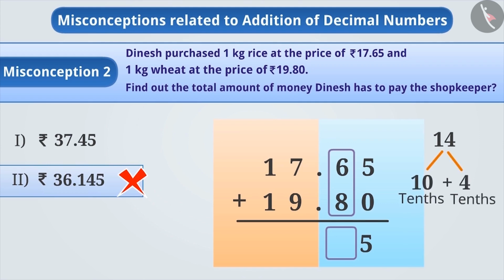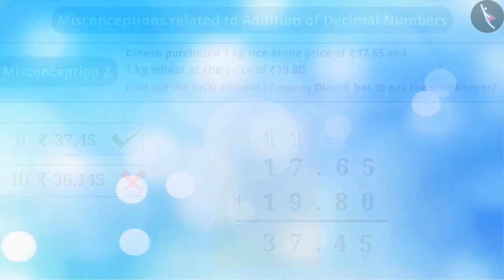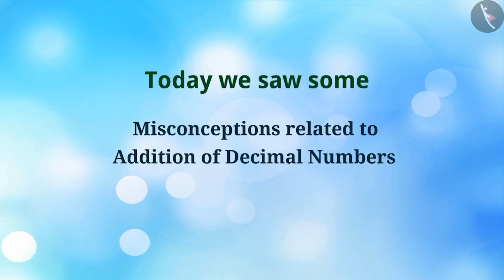Since 10 tens is equal to one whole or one unit, we will add 1 in the units place and the remaining 4 will be written in the tens place. Solving it this way, we get the result as rupees 37 and 45 paise. So today, we have seen some misconceptions related to addition of decimal numbers.